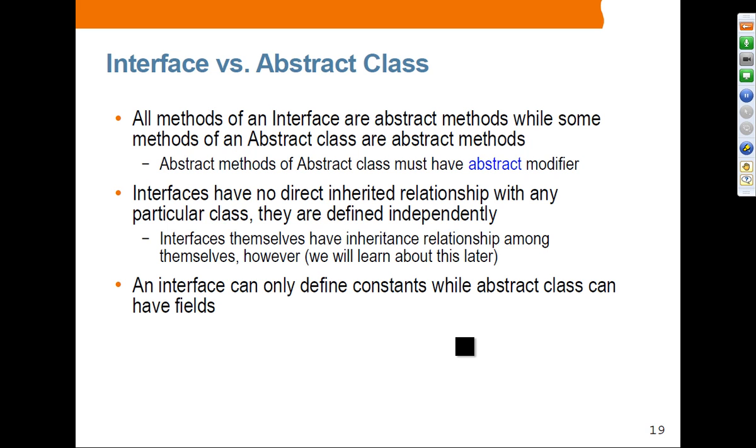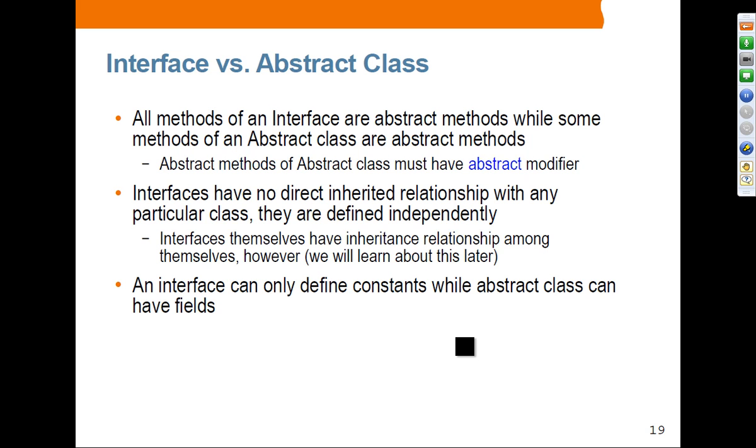Also, in terms of syntax, abstract methods of an abstract class must have the abstract modifier, while in an interface those methods do not have to have the abstract modifier. Interfaces have no direct inheritance relationship with any particular class.